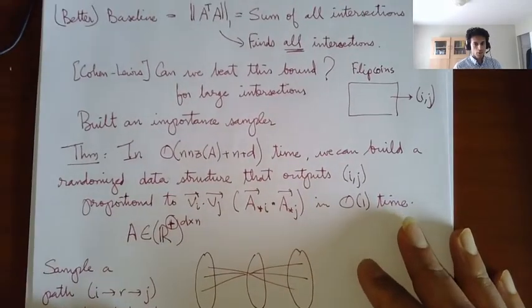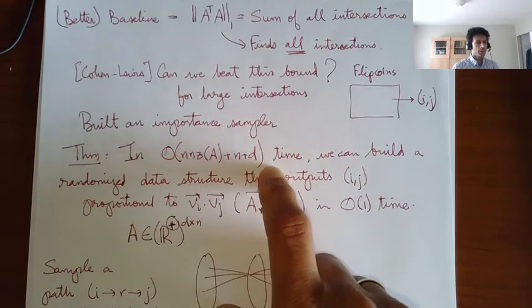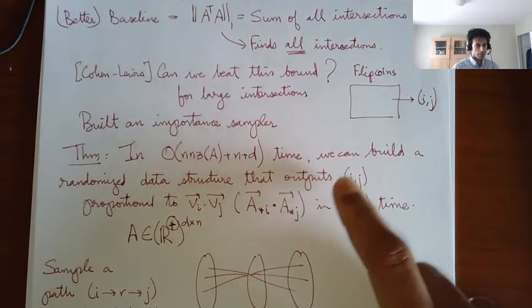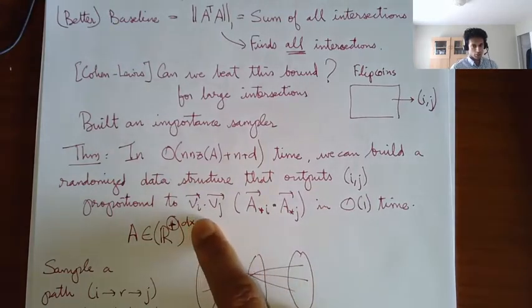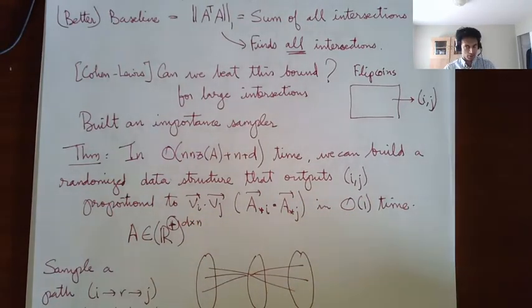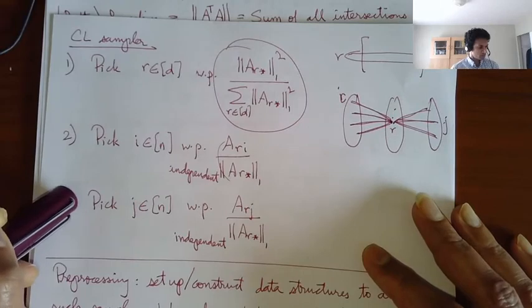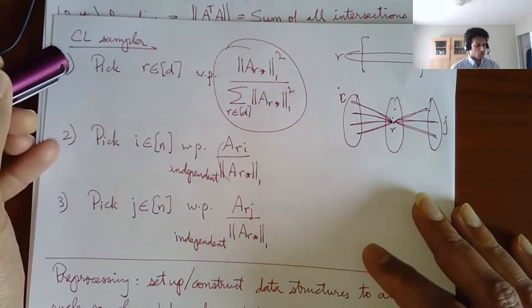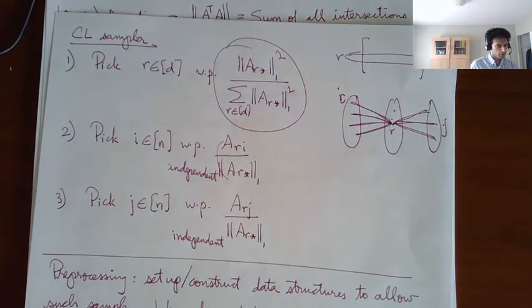So we have argued that in NNZ, this is the time to build the data structures. We build a randomized data structure that outputs ij proportional to v_i dot v_j in O(1) time. I will talk about this maybe in the last 10 minutes, but you notice that there are only 3 steps here. As long as you can sample from a distribution in O(1) time, you can do all of this in O(1). So it's constant time to get a single sample.